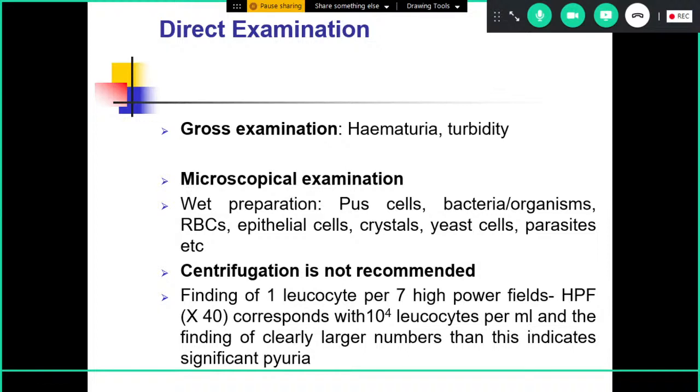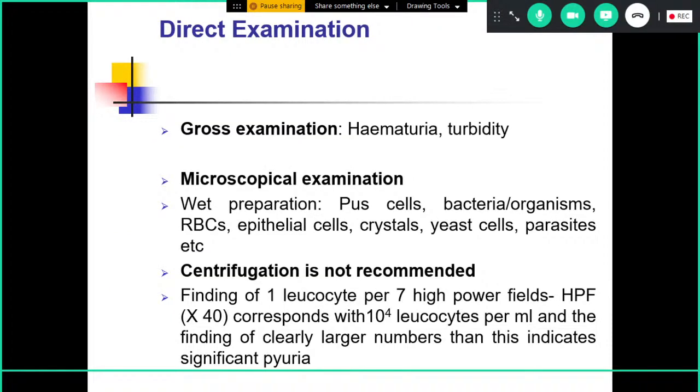Although not standardized because you don't know the inoculum size, it still helps, and there is a good concordance with the sensitivity that we put up after the subculture, but it helps to save 24 hours, which is a big time.